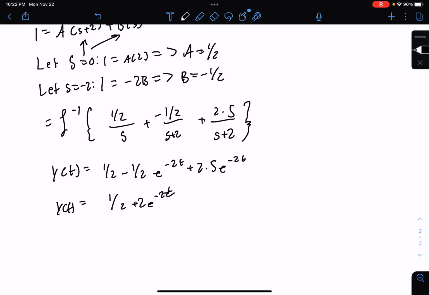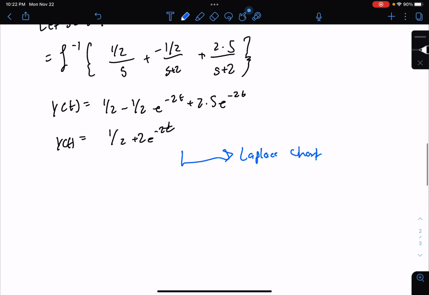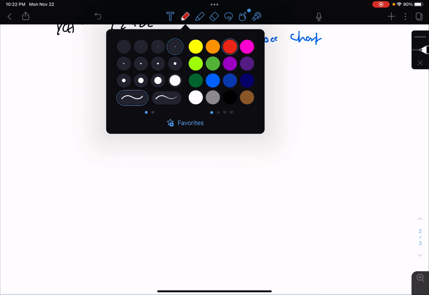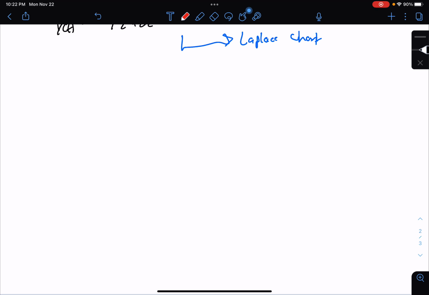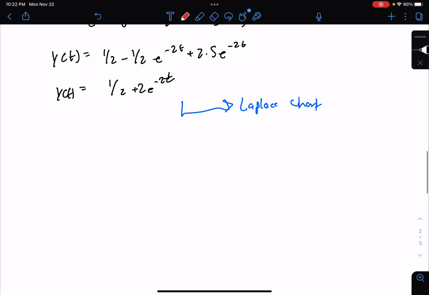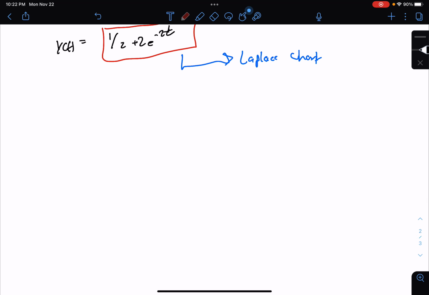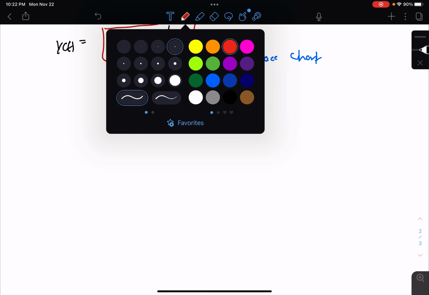And once again, this is given to us through the Laplace chart. And so I guess this can be broken up into 3 steps. Oh, sorry, I meant to say that this is my final solution. And I will be breaking this down into steps for us.